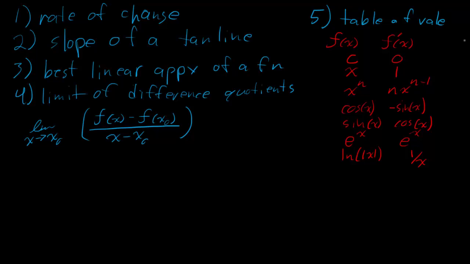You'll also want to remember some basic rules. I won't go over how to arrive at these values, nor how to arrive at these rules of deriving that I'm about to show you. If I have a function f plus or minus a function g, and I want the derivative of that, that's the same as the derivative of f plus or minus the derivative of g.